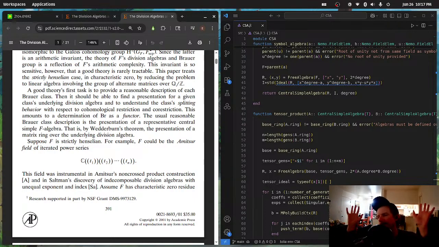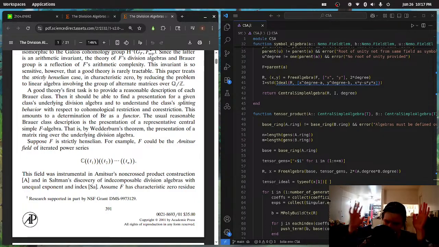So the idea so far is this. We start with a function field over Q. You are allowed to pick a system of regular parameters and a central symbol algebra, which realistically you're going to define as a symbol algebra.